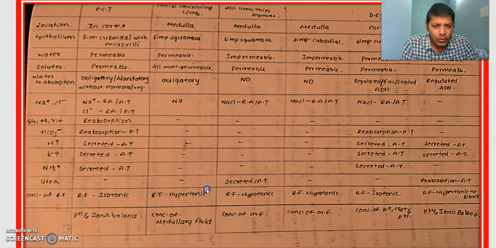Compared to our blood, it is hypertonic. The significance is that it maintains the concentration of medullary fluid. Okay, that's the end of this part. In the remaining part, I will cover the remaining parts of the nephron.